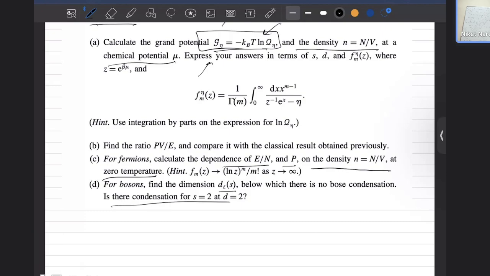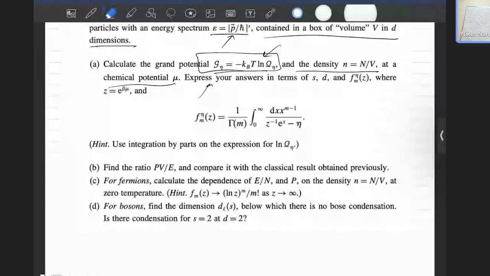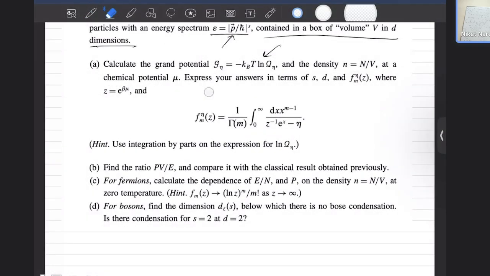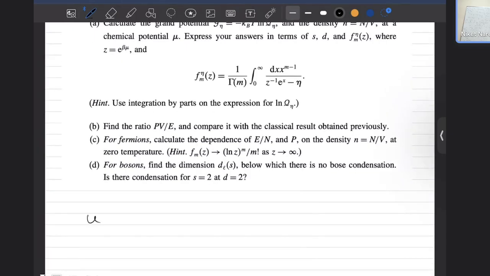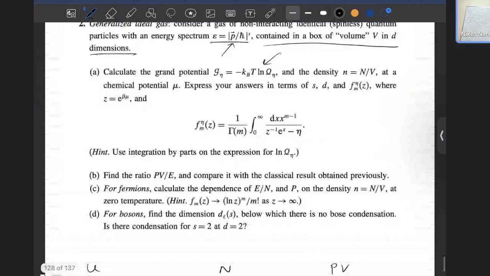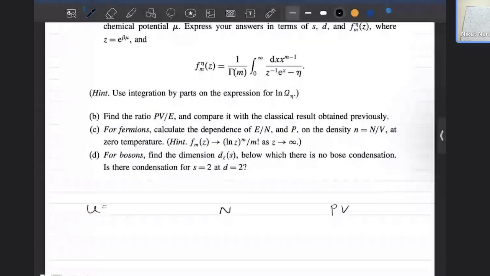Okay, so for the first part, what we want to do is mainly write U, N, and PV in terms of the integrals that we had seen, right?